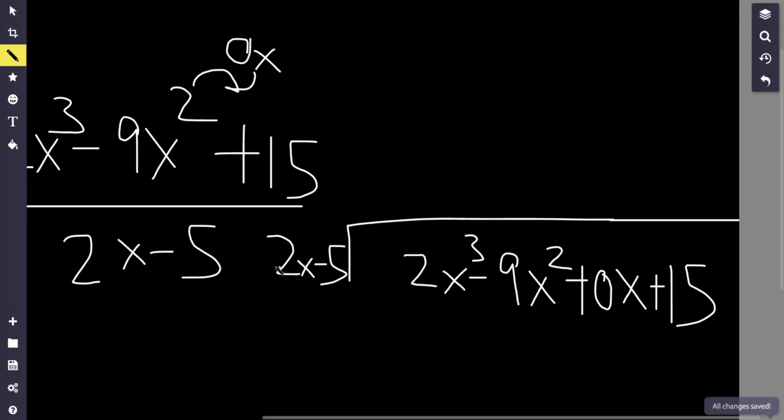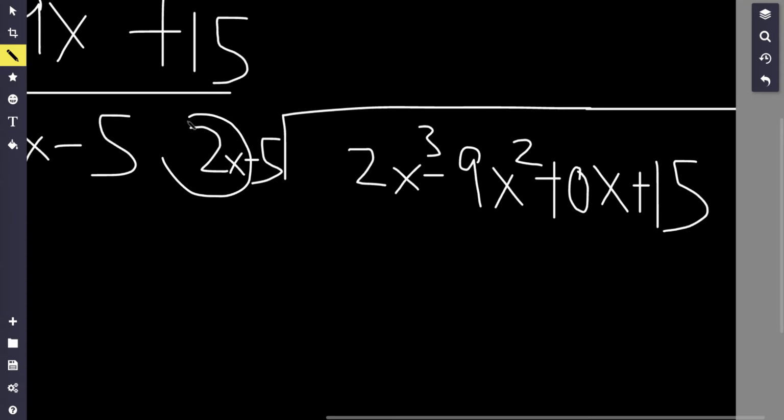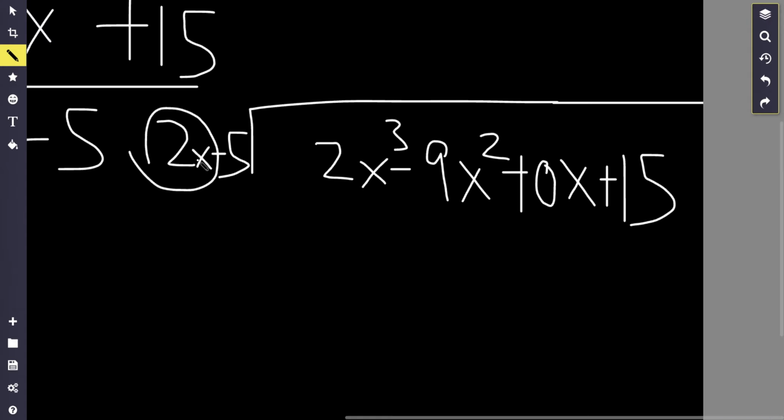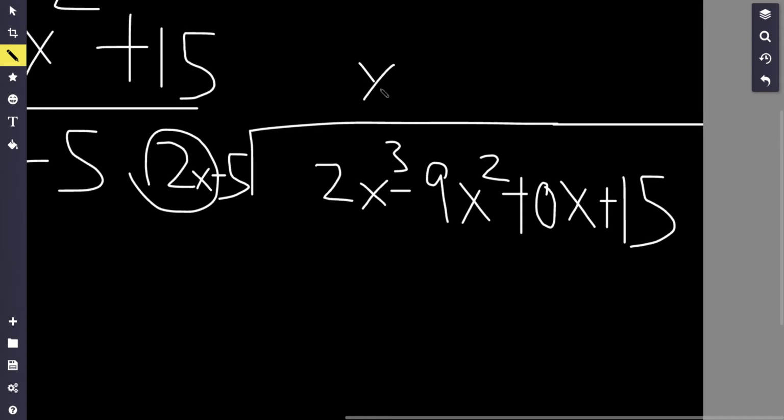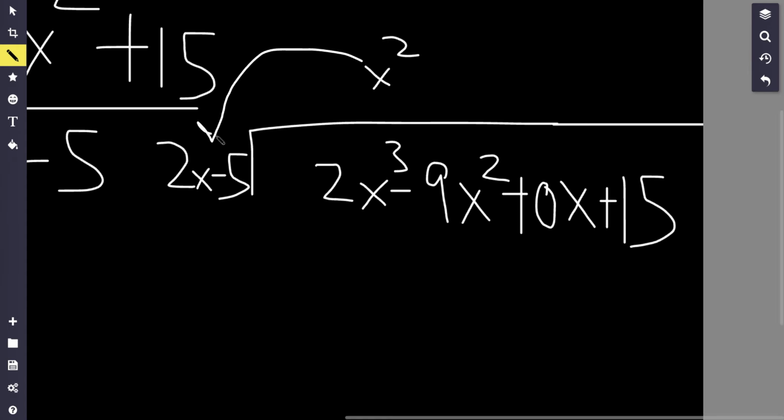Ask yourself, the first term of this is 2x, and the first term of this is 2x to the third power. What multiplied by 2x gives me 2x to the third power? And the answer to that is x squared. So once again, I'm going to distribute the x squared to these two terms. 2x times x squared is going to be 2x to the third power.